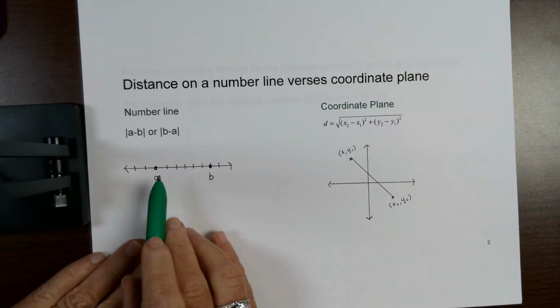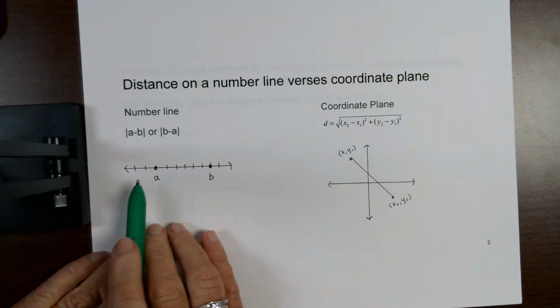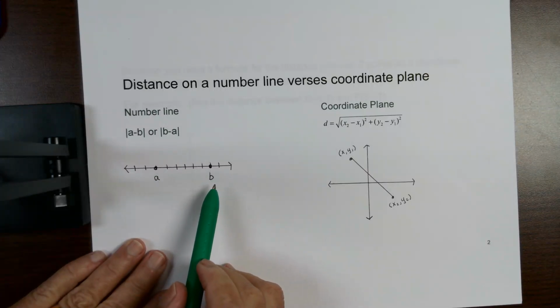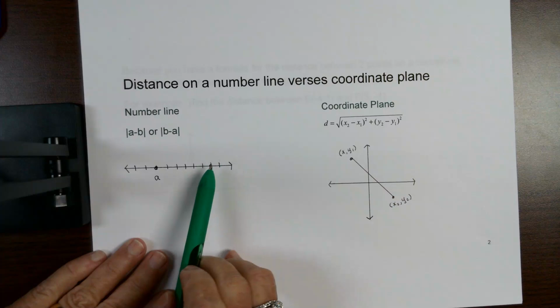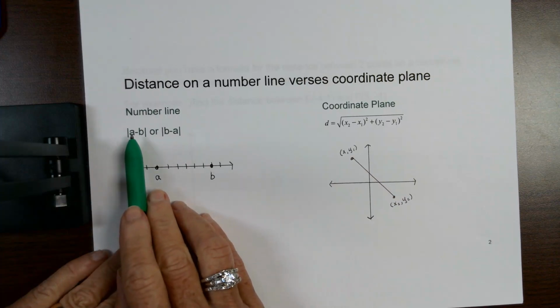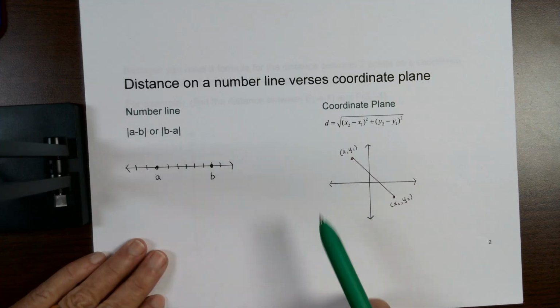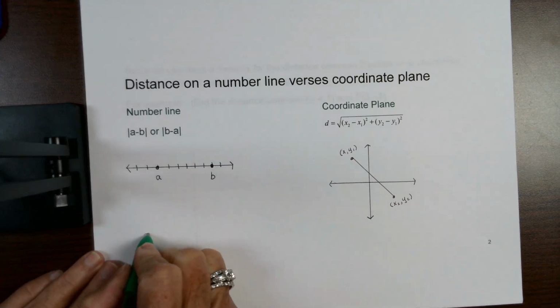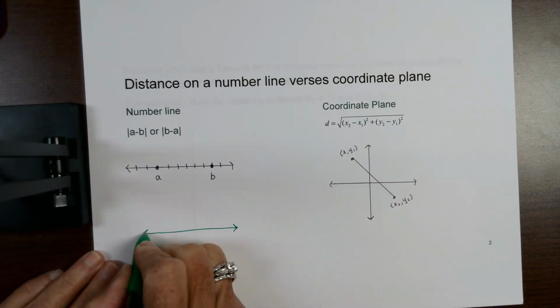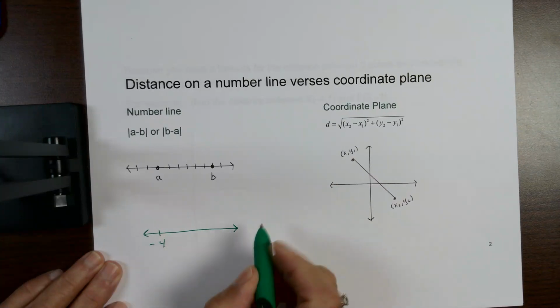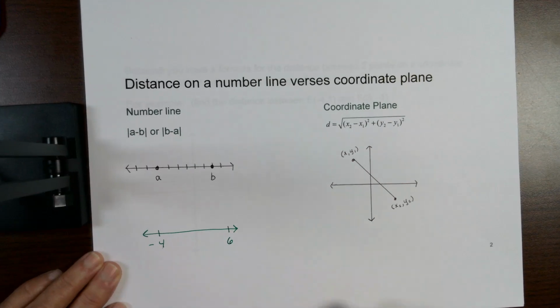If you have 2 points on a number line, to find the distance between those 2 points, you just subtract one from the other. So you can either say the absolute value of A minus B or the absolute value of B minus A. For instance, let's say you have a -4 over here and you have a +6 over here.